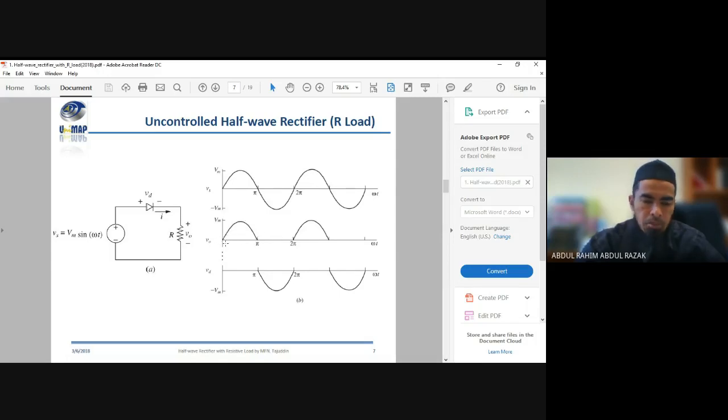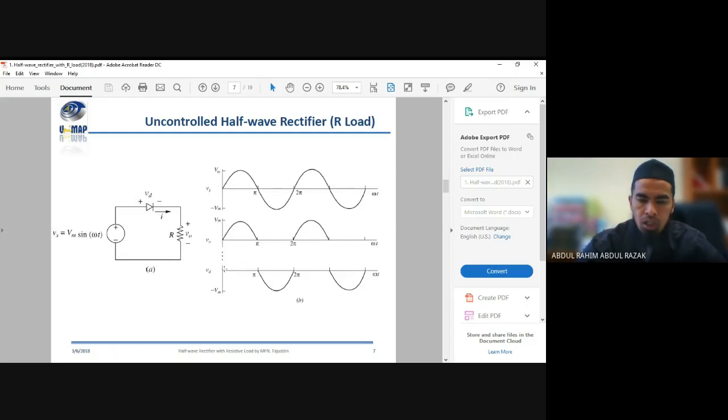For the positive half cycle, it ramps up, then goes down. 2 pi is one full cycle, so pi here is your half cycle. It ramps up and disappears here, because when it enters the negative cycle, the diode will block the voltage, and with the voltage blocked, the current will not flow. So it passes the positive and blocks the negative.